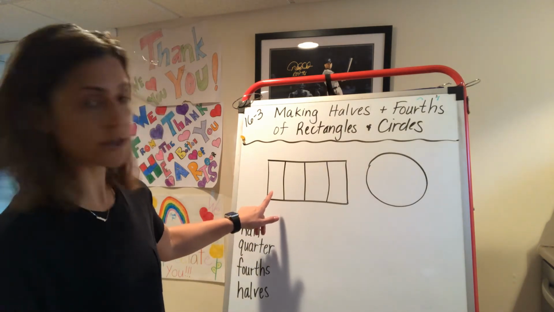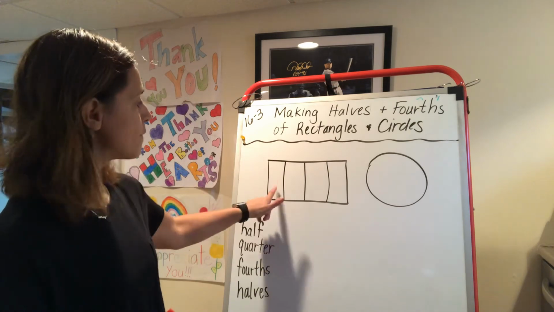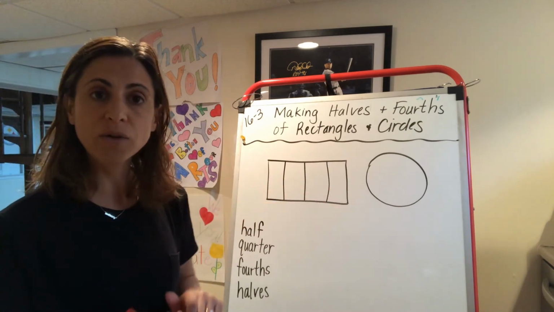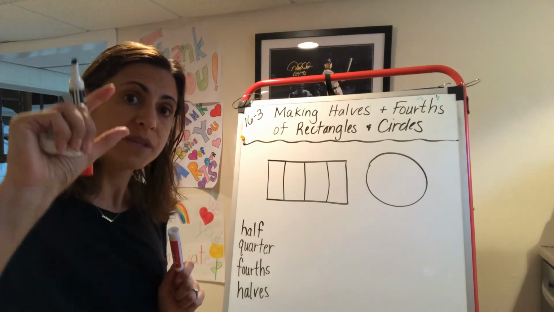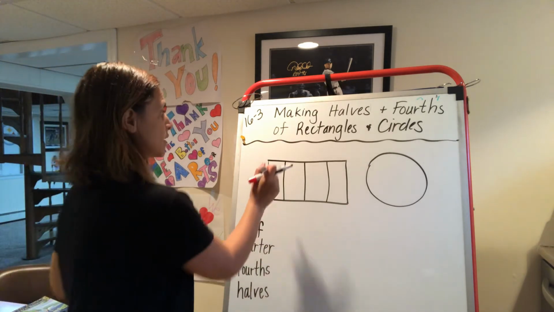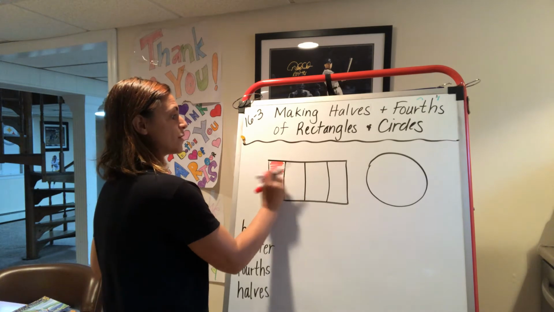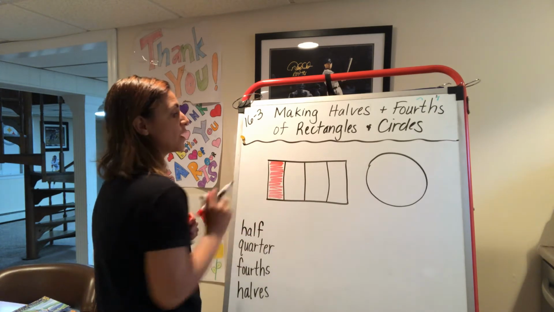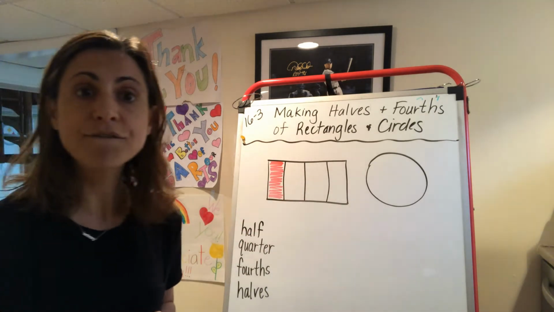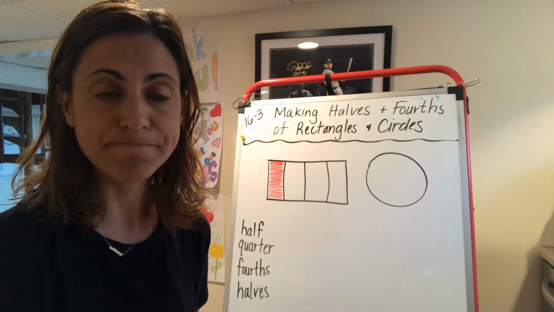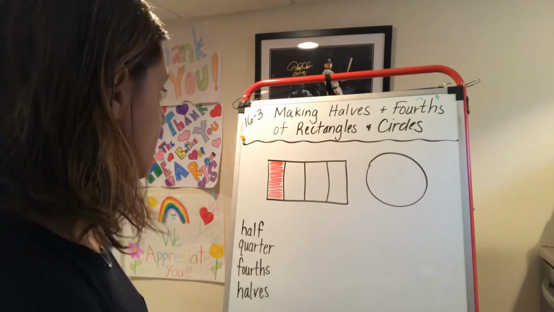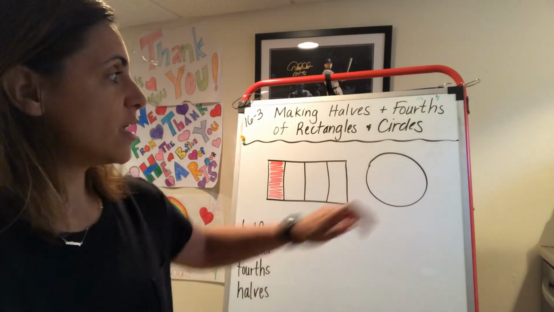If the chocolate bar was divided into 4 equal parts and I only ate 1/4, that means I only ate one part of the 4. Okay, so if I shaded in the first one, that would be 1/4 or 1 out of 4 pieces. Quarter, 1/4.